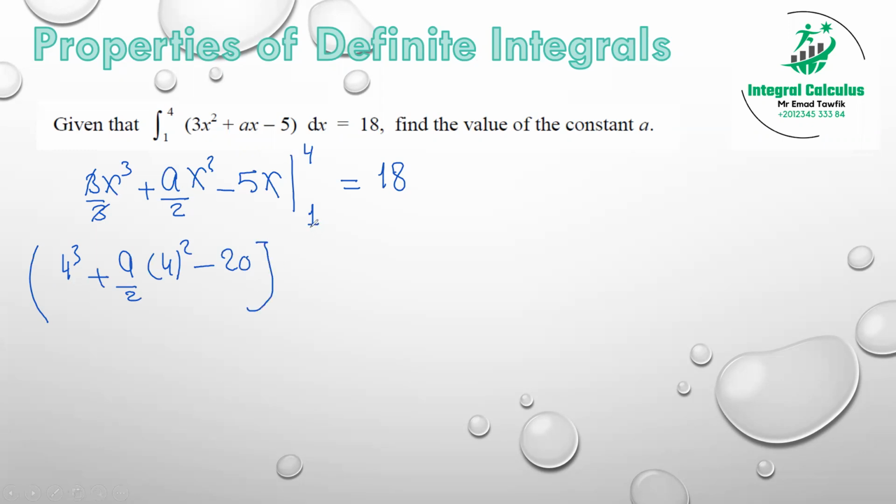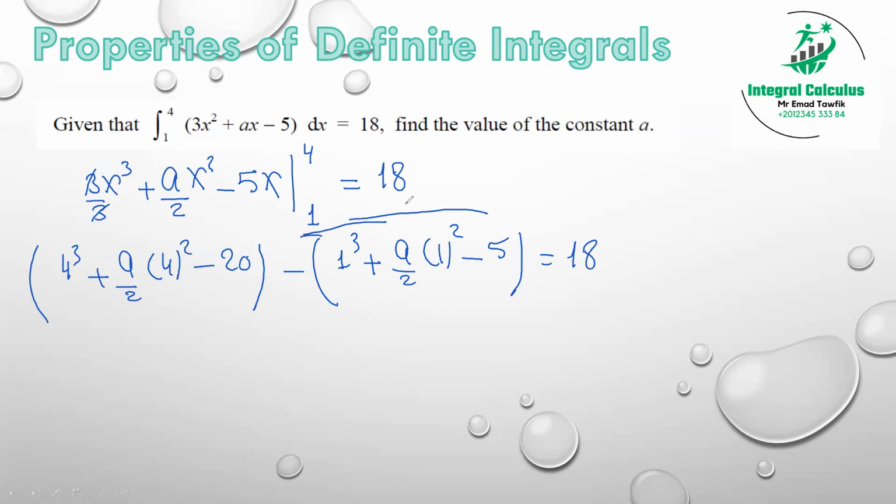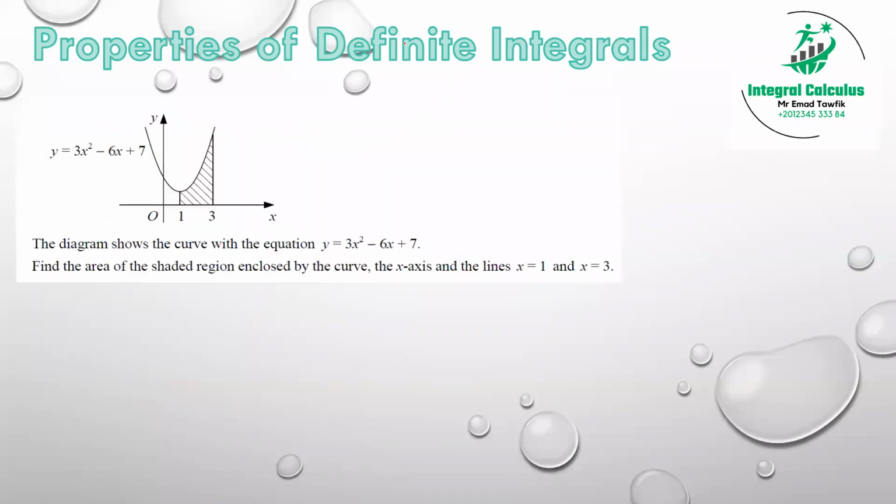Okay, I'm going to make my substitution for the second part by 1. 1 to the power 3, plus a over 2 multiplied by 1 squared, and then minus 5 times 1, which is going to be 5, and it's equal to 18. After that, I'm going to distribute my negative here and put it in simplest form, okay? So once you get an equation in one unknown, it's easy for me to get the value of A.